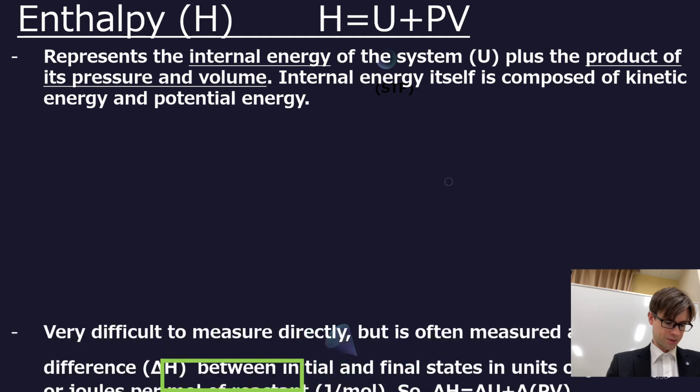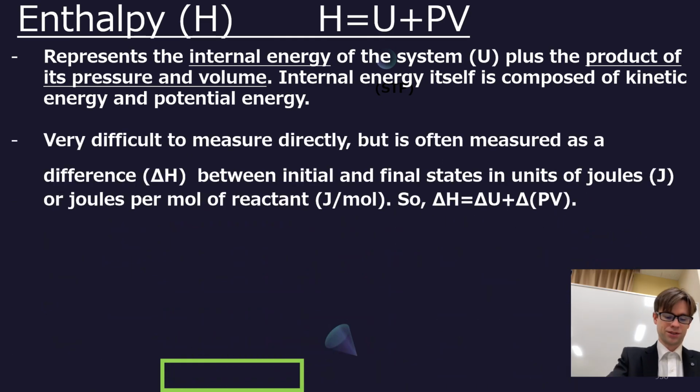Okay, what else? So it's very difficult to measure this directly. I don't even know how, but we often measure it as a difference, delta H, between initial and final states. So at time point A, time point B, or initial state, final state, what does it look like?